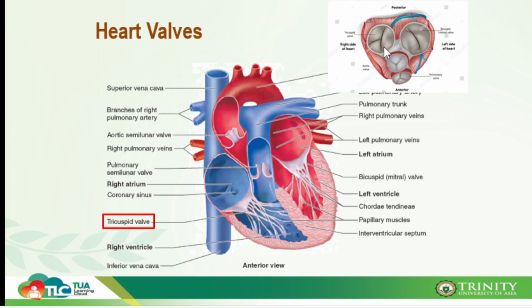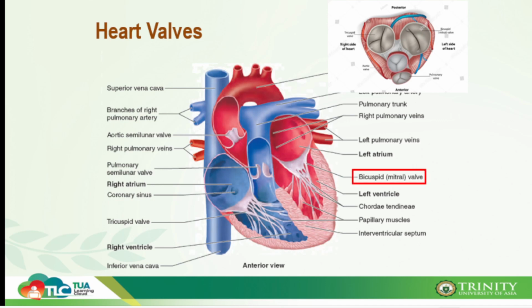Because when you look at it from the top view in this image here, you would appreciate three balloon-like structures which open and close upon contraction of the heart. So there are three cusps making the tricuspid valve a tricuspid valve. All right.